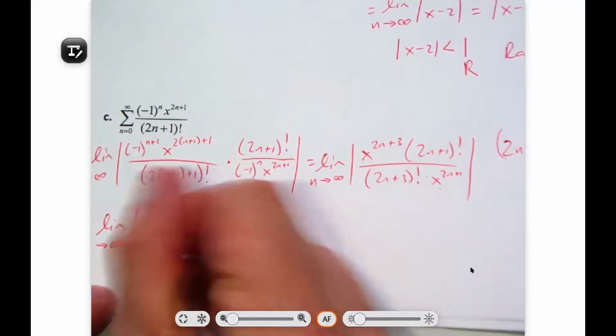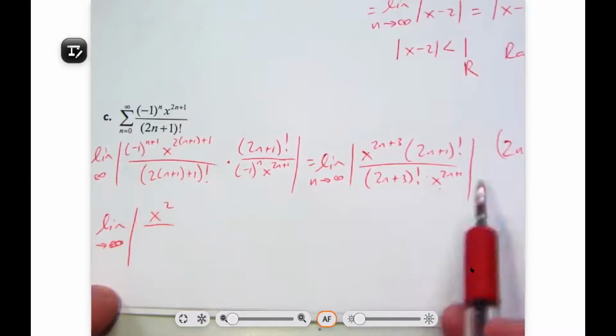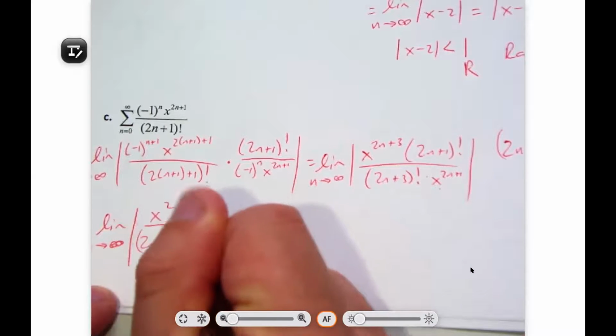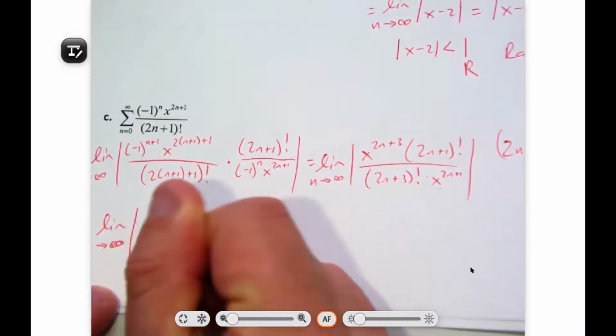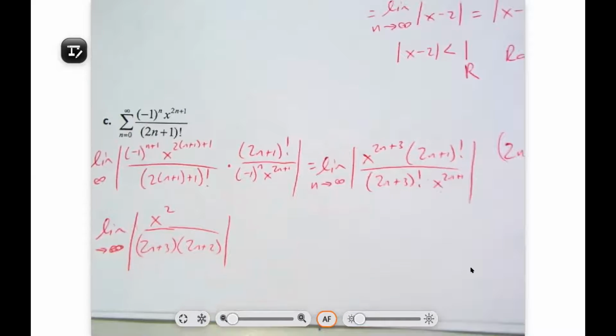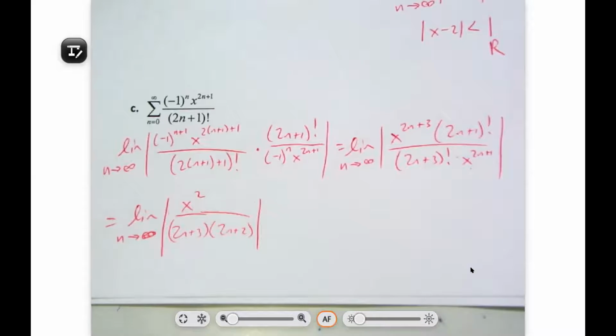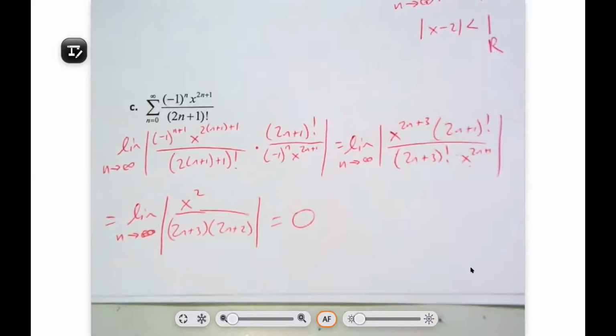And that's going to be over, well, the 2n plus 1 factorials cancel. So it's over 2n plus 3 times 2n plus 2. If we're treating x like a constant and we're making that denominator infinitely large, then we basically have some constant over infinity, meaning this equals 0.